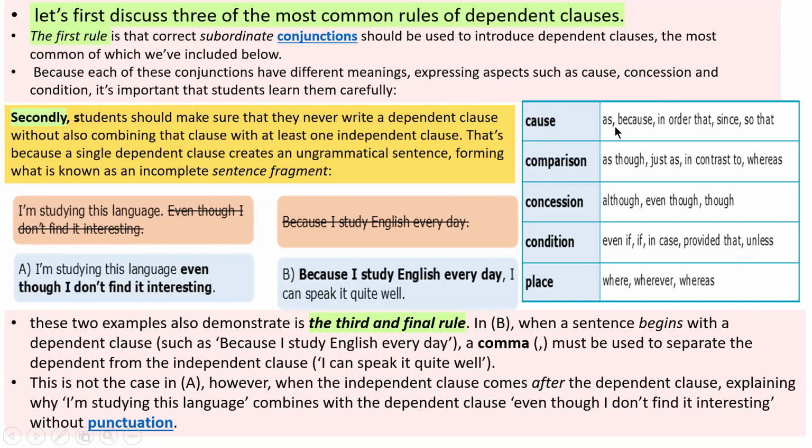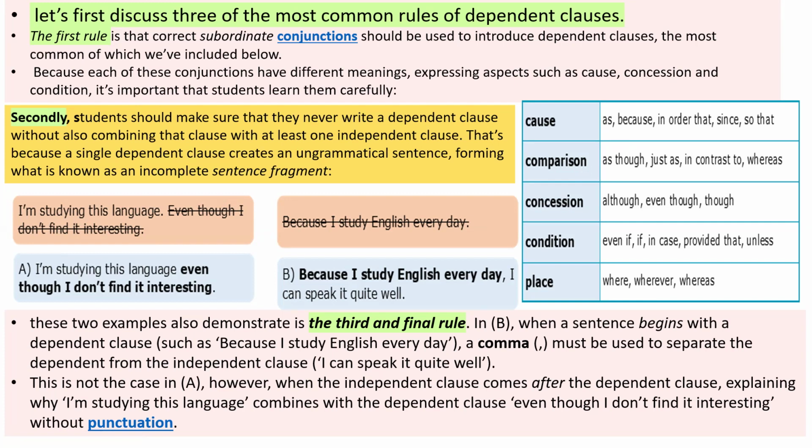Cause: as, because, in order that, since, so that. Comparison: as though, just as, in contrast to, whereas. So for cause we can use as, because, in order that, since, so that. For any cause we can use these subordinating conjunctions. For comparison we use as though, just as, in contrast to, whereas.